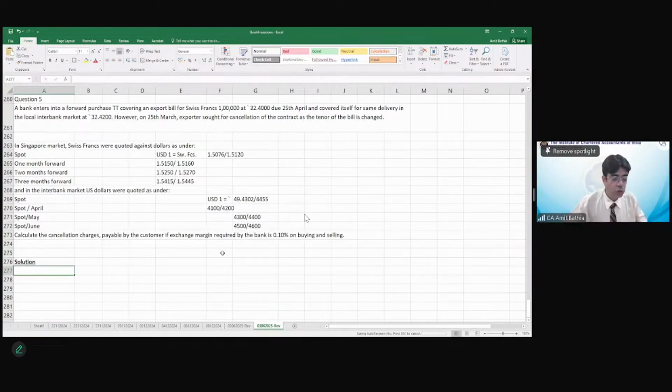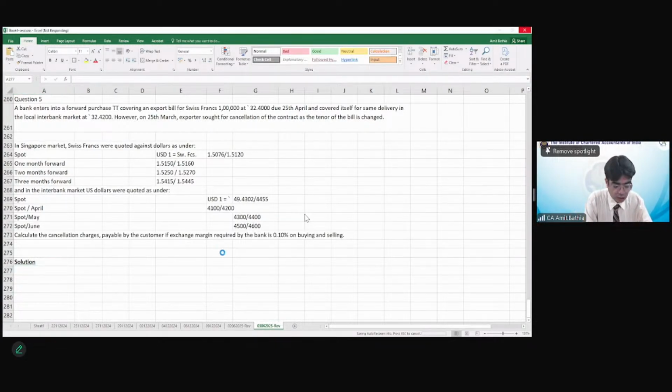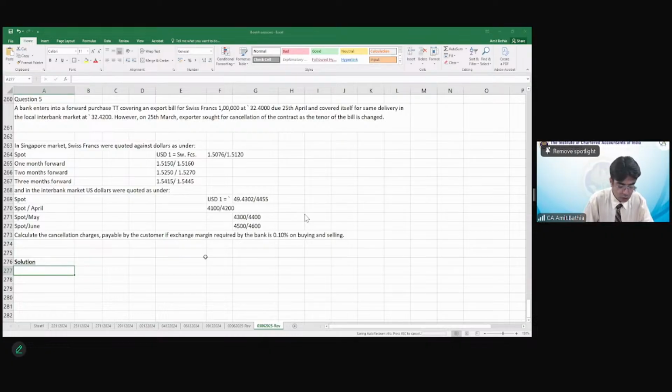All right. So first and foremost, let me cancel the contract. The contract will be cancelled at TT selling price. So what is that selling price going to be for me? What is the INR upon USD spot selling rate?